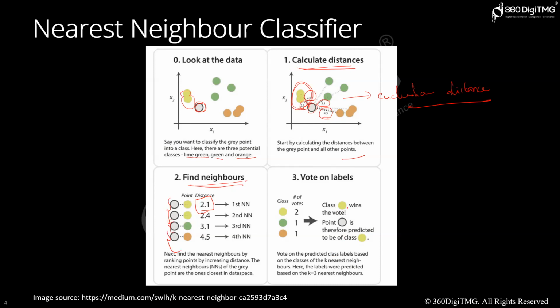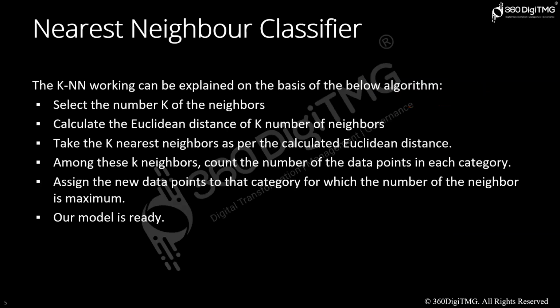So class lime green wins the vote and the gray point is therefore predicted to be of class lime green. That is how you do the nearest neighbor classifier. You get the distance values using the Euclidean distance method.